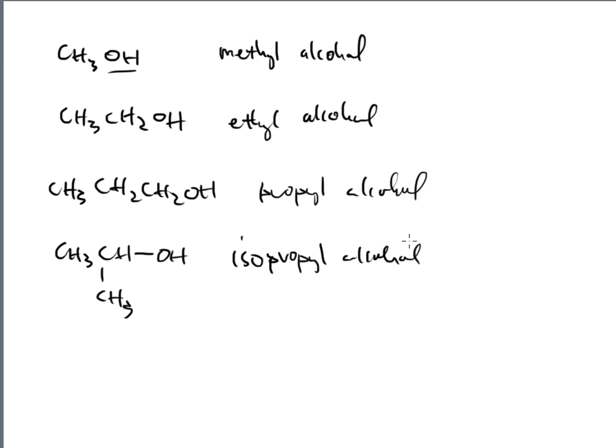Folks, I hope that sounds very familiar, isopropyl alcohol, because that's your rubbing alcohol that you would find at places like Walmart and Target and your pharmacies around town. So there you go.